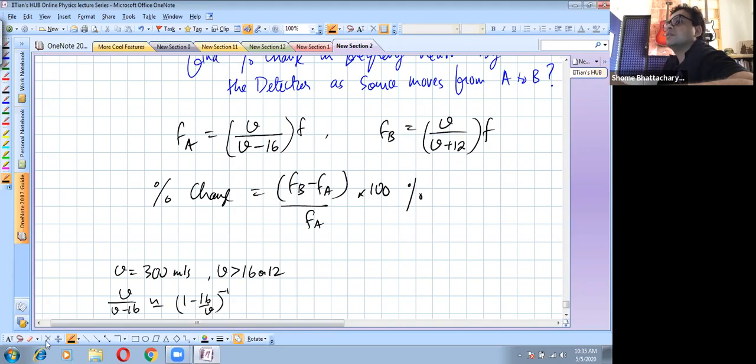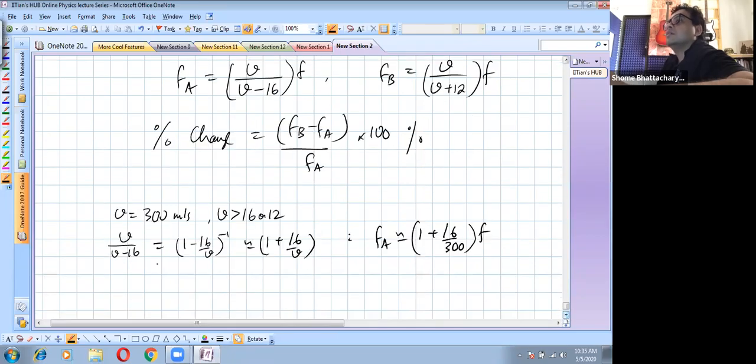Actually, this is exact. Next step, we'll do the approximation. This is approximately 1 plus 16 by V. So we can write FA approximately as (1 plus 16 by 300) times F. And similarly, V upon (V plus 12) becomes (1 plus 12 by V) to the power minus 1, which you can approximately write as 1 minus 12 by V.